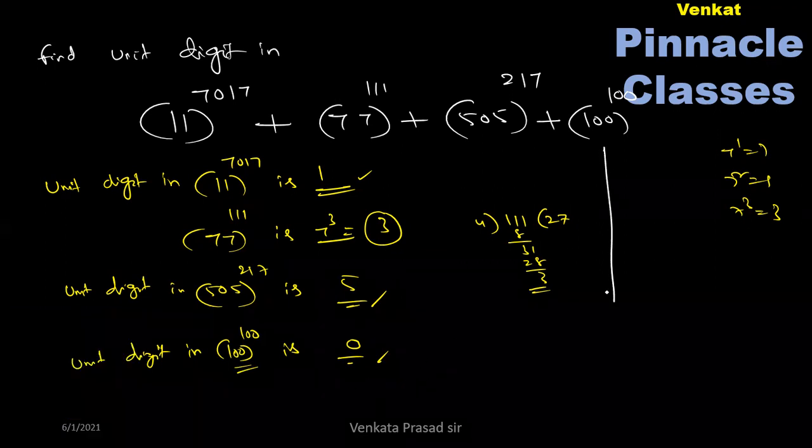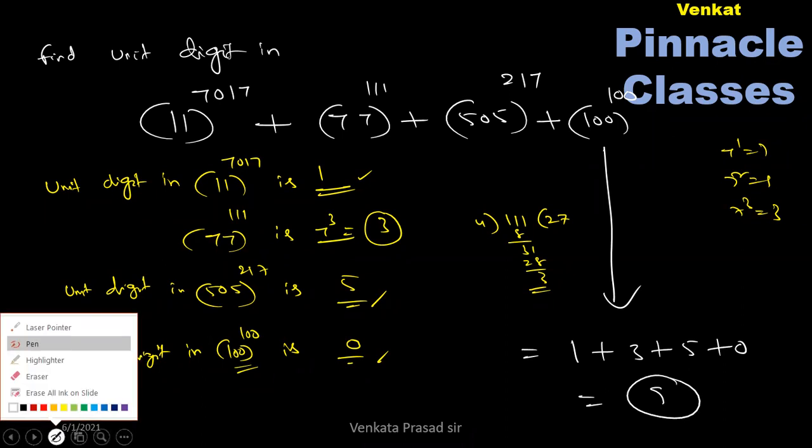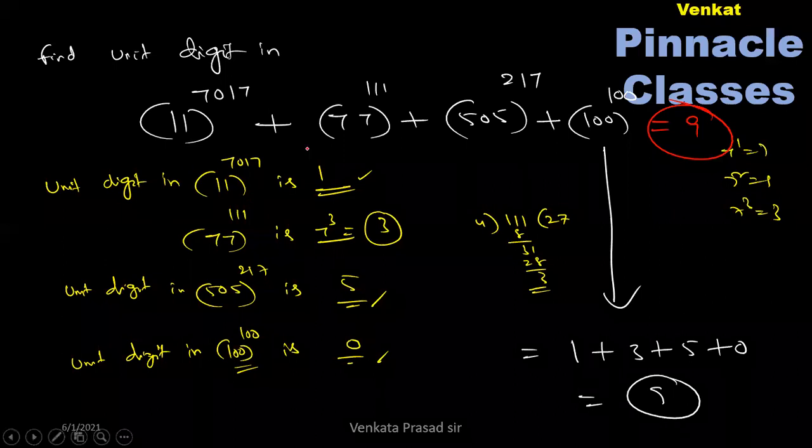Therefore, total answer is how much now? 1 plus 3 plus 5 plus 0, 9. Right now, please write all of you. So this unit digit is how much? 9. Give the conclusion. After adding this number, we are getting the one digit number 9.